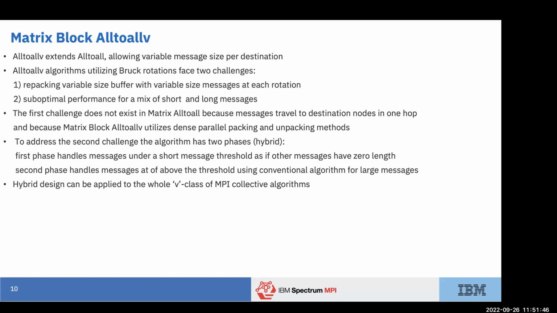The second phase handles messages at or above the threshold using a conventional algorithm for large messages. This idea is applicable to the whole class of V-class MPI collective algorithms, and we just applied it to Alltoall V.